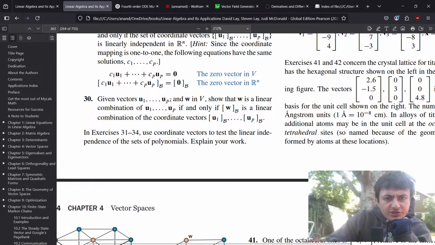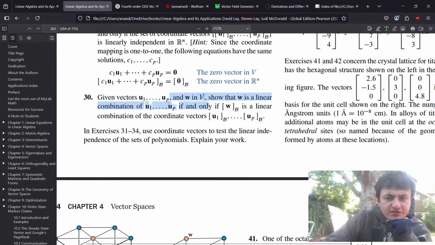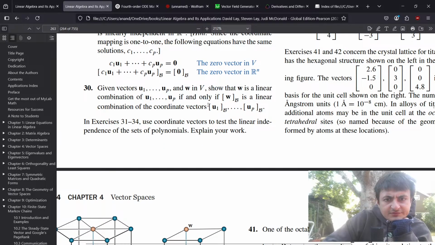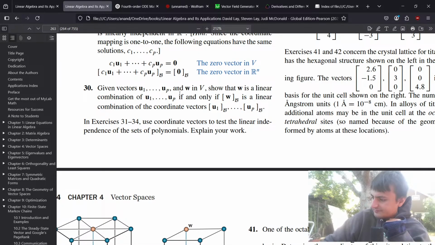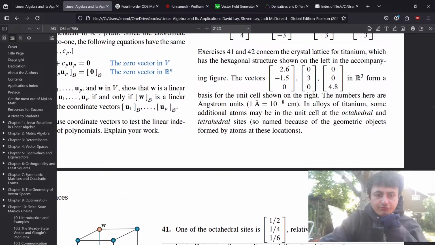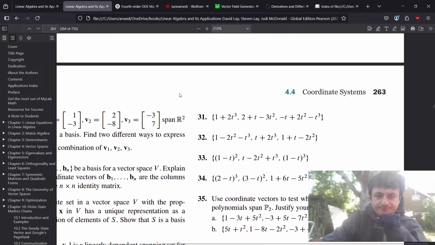Given vectors u1 to up and w in V, show that w is a linear combination. This is pretty interesting. I'll do 30. We'll see how much of this we actually get to, but I feel like it's always useful just to read all the problems.